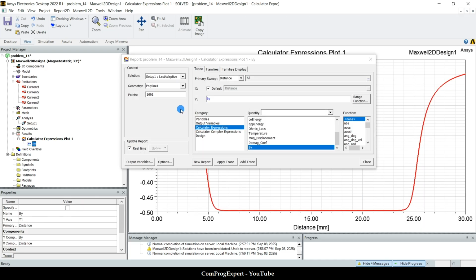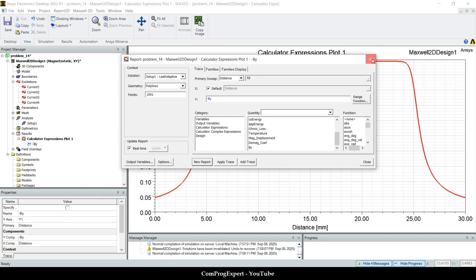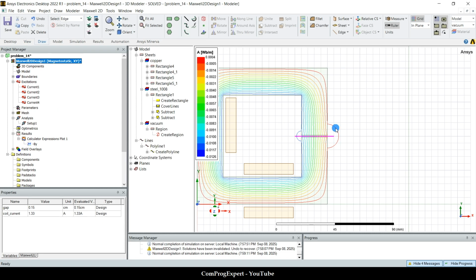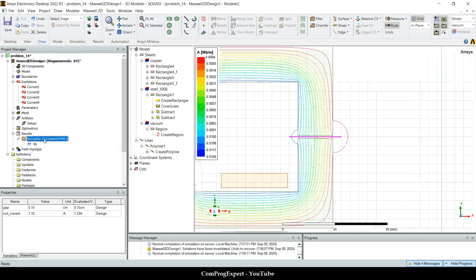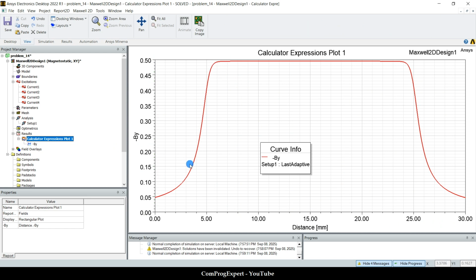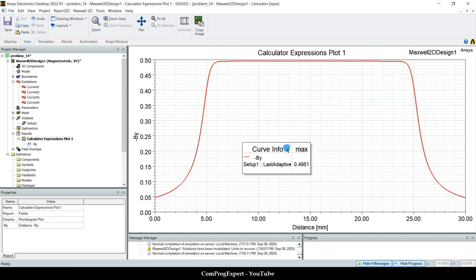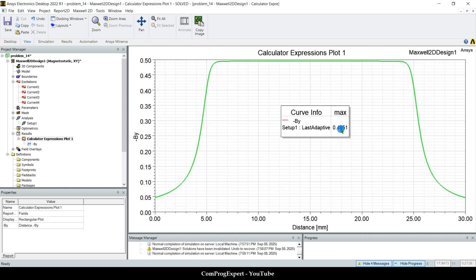So let me multiply this by -1. Not important. As you can see, due to fringing effect, we have this waveform, right, on the edge, and the magnetic field reduces, right, gradually. The maximum value of the B is close to 0.49 Tesla, right?